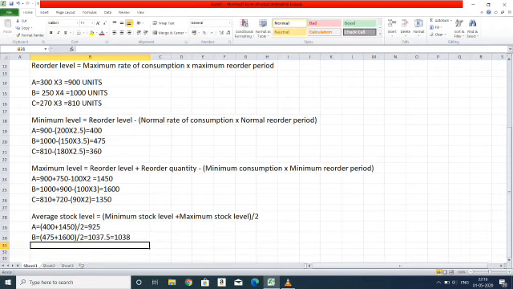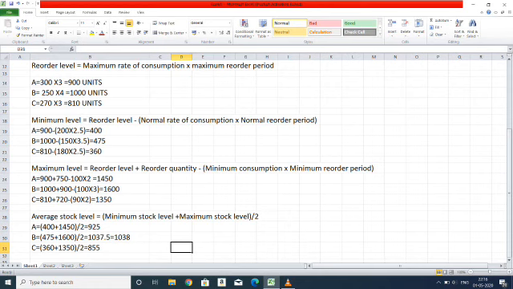Then in case of C, minimum plus maximum divided by 2, that is equal to 360 plus 1350 all divided by 2, that is equal to 855.